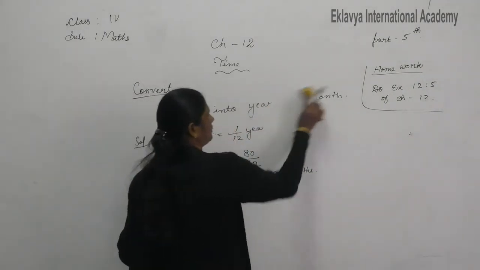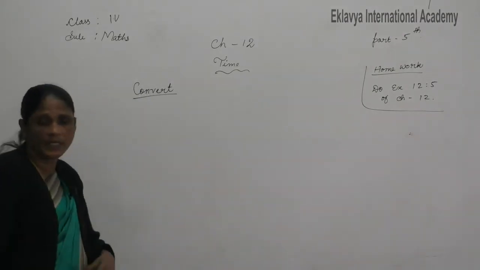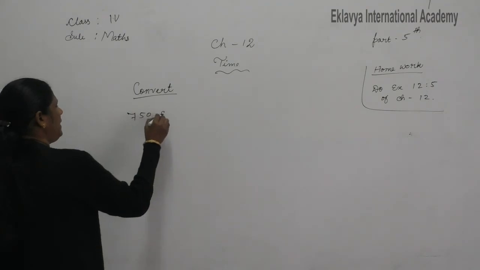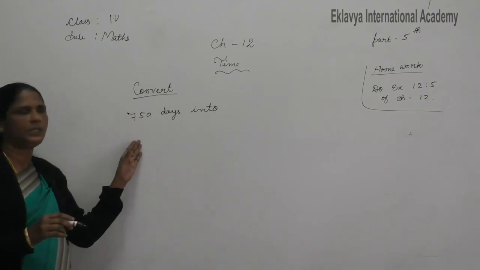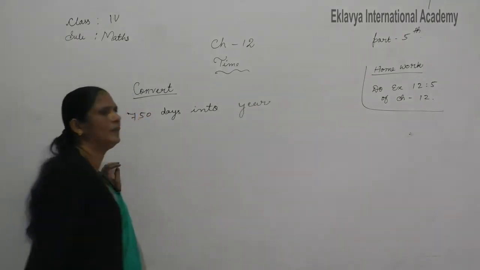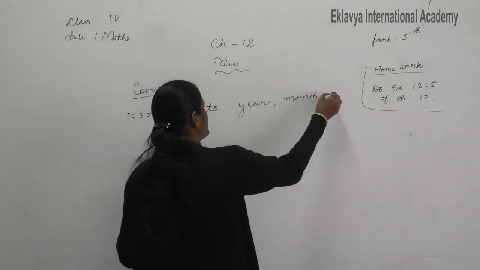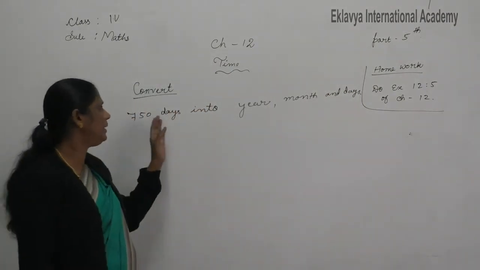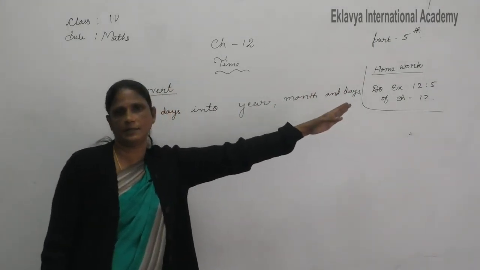Next, days into years. Convert 750 days into years, months and days.